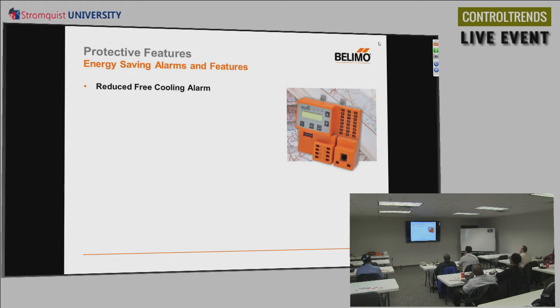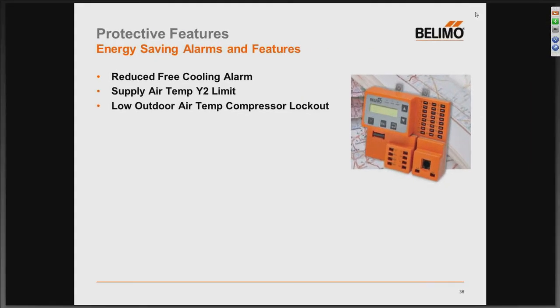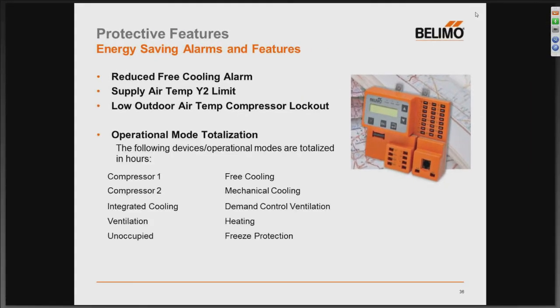Again, additional items that we offer: reduced free cooling alarm, supply air temperature Y2 limit, locking out the compressors if the outdoor air temperature is below a certain temperature. And the item that's used most commonly is our operation mode totalization. So we monitor how many hours the economizer is in staging compressor 1, has compressor 2 on, how many hours we're in free cooling, how many hours we're in mechanical cooling.